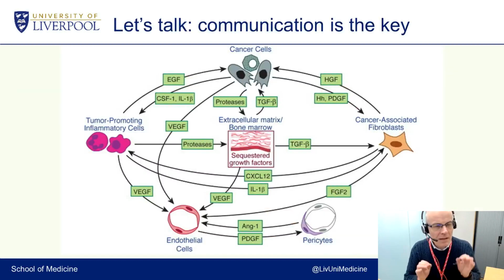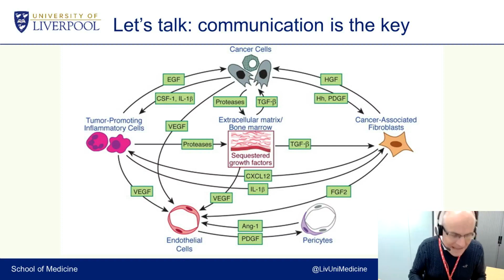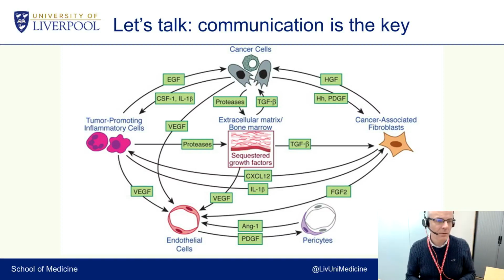And this brings me to the next point, which is the fact that communication is key to making this whole thing work. This is just a very select examples of some of the chemokines, cytokines, and growth factors and so on, which are involved in the communication between the various component parts of the tumour microenvironment. You can see the inflammatory cells and all that they produce.